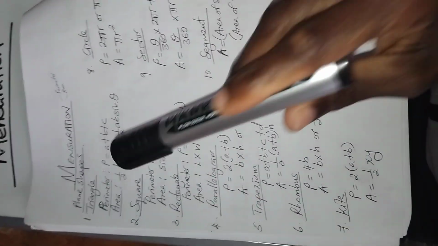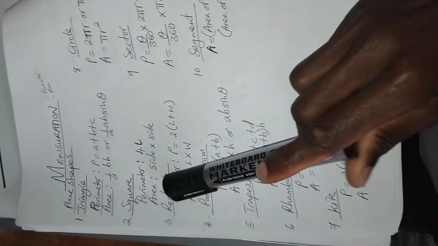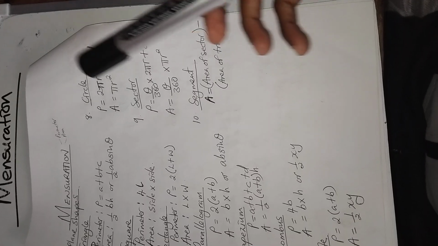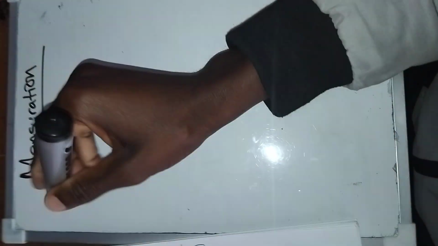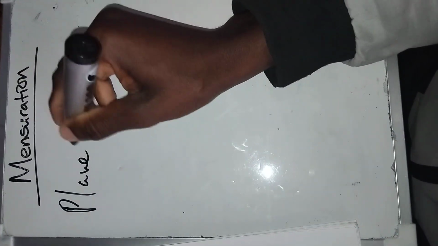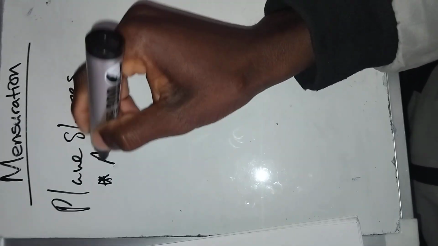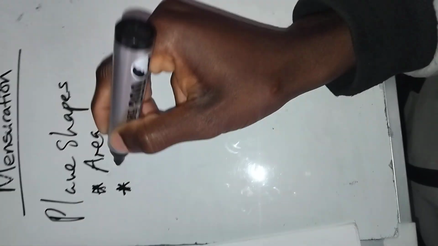My plane shapes are triangle, square, rectangle, parallelogram, trapezium, rhombus, kite, circle, sector. So these are called plane shapes, and with plane shapes we look for area and perimeter.